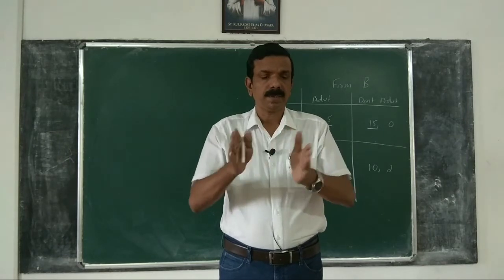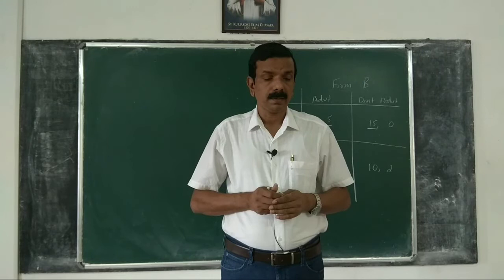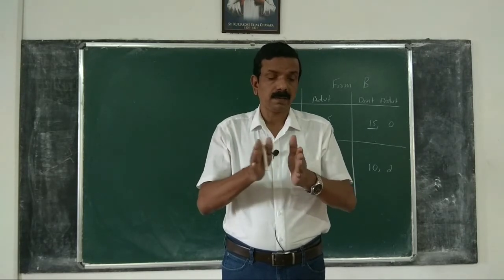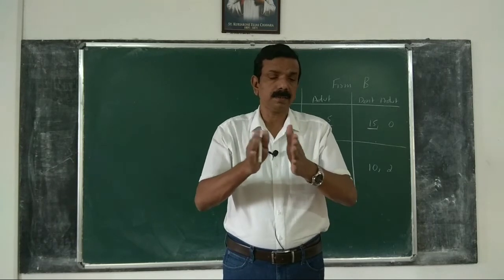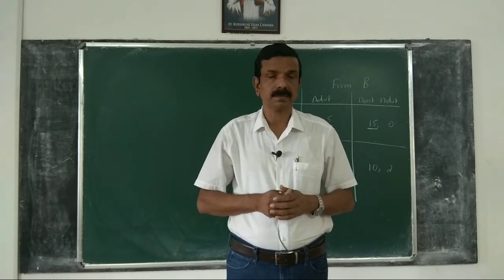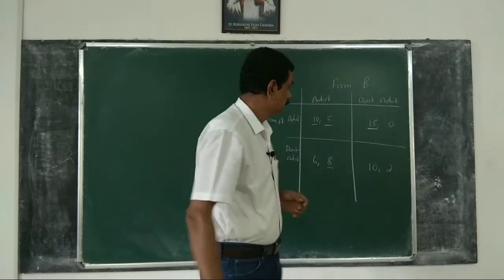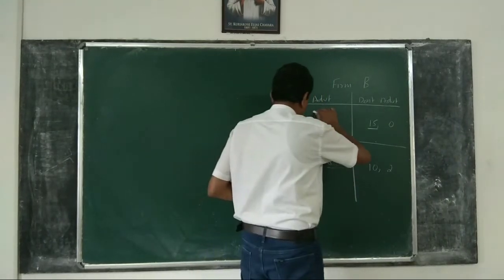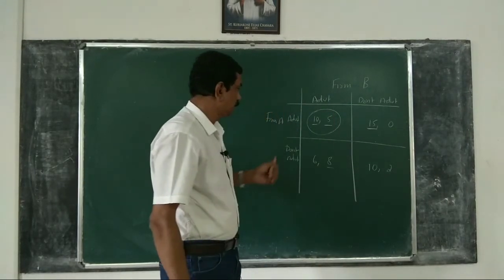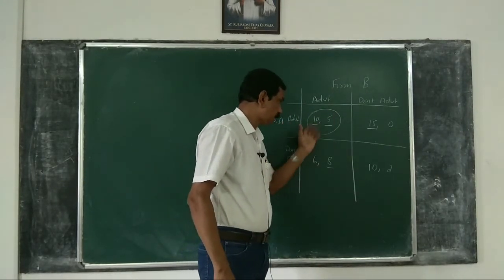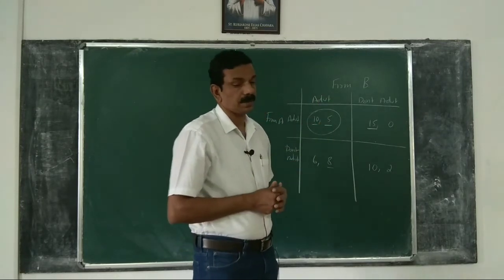So when every player has a dominant strategy, we call the outcome of the game an equilibrium in dominant strategies. In this case, the equilibrium is both the firms will advertise. A will get a payoff equal to 10. B will get a payoff equal to 5.